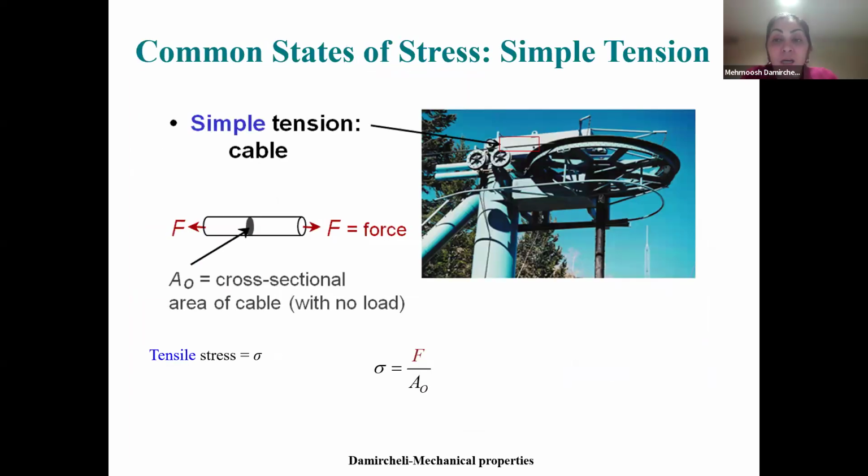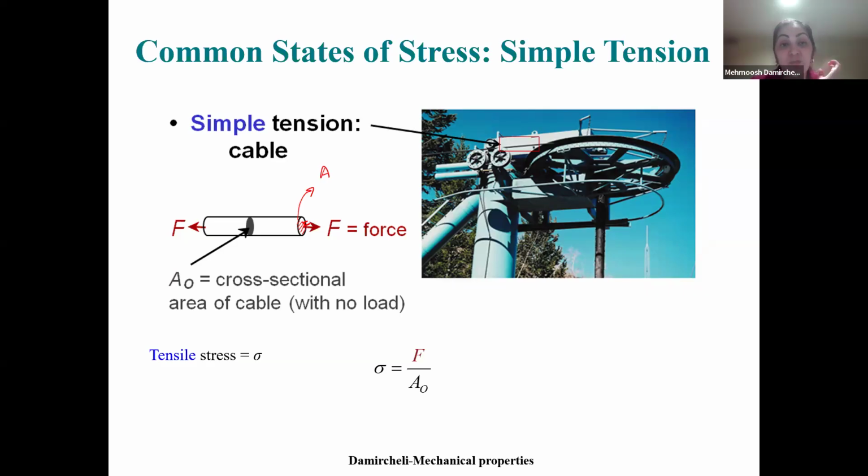Okay. Simple tension occurs when the material is pulled along one axis, and this force produces normal stress, and the force is perpendicular to the cross-section area, as you see here. This cross-section area is this, and the force is this, and you see that it is perpendicular. Okay.